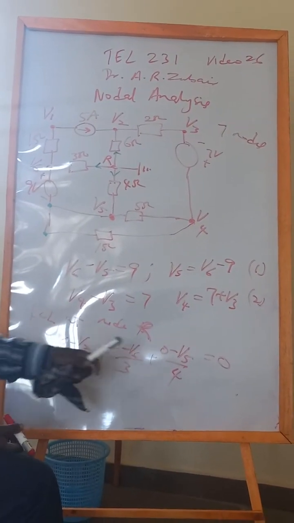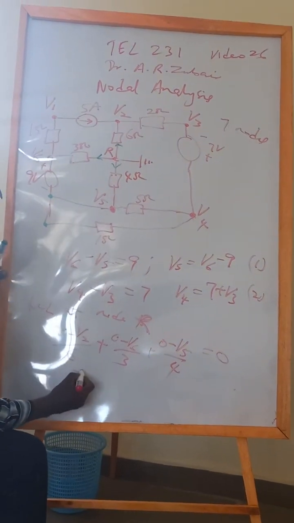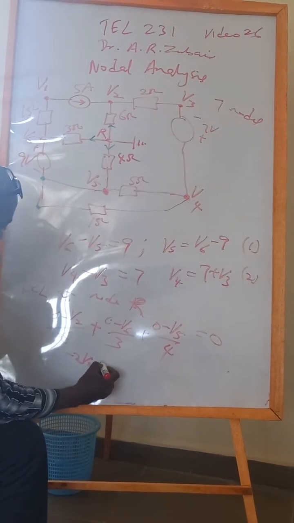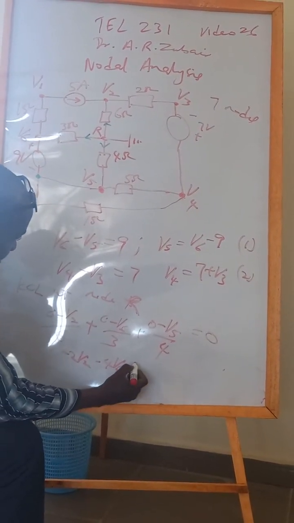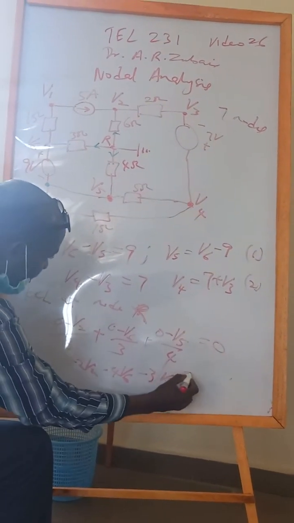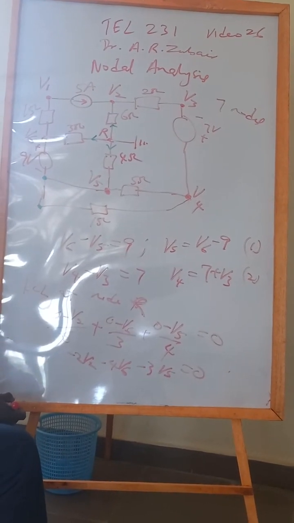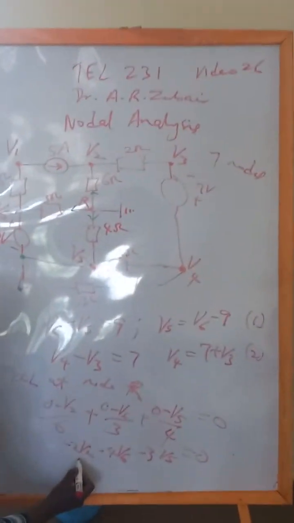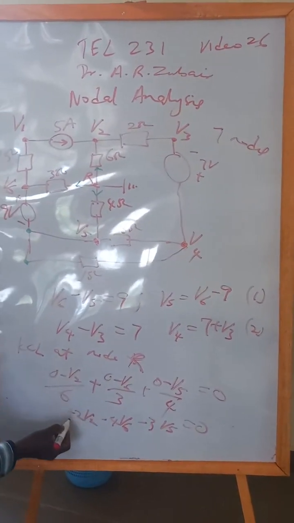Now multiply through by 12. If you multiply through by 12, this will be minus 2V2 minus 4V6 minus 3V5 equals 0. Let me try to get rid of V2. From here I can multiply through by minus, which means it becomes plus.